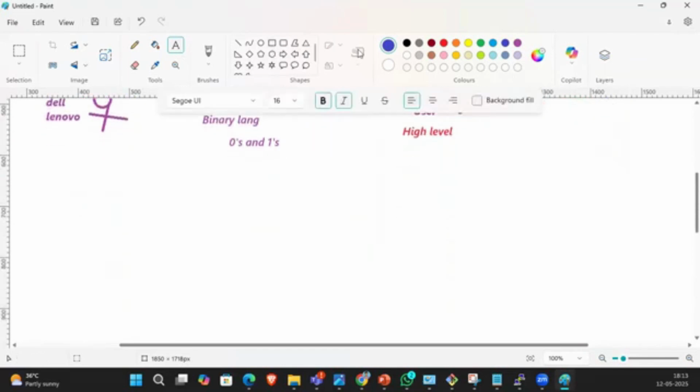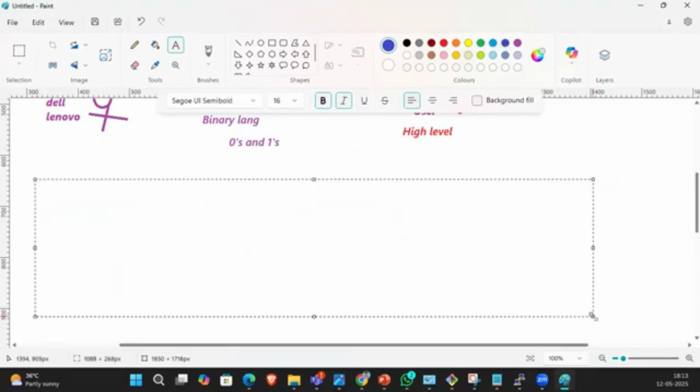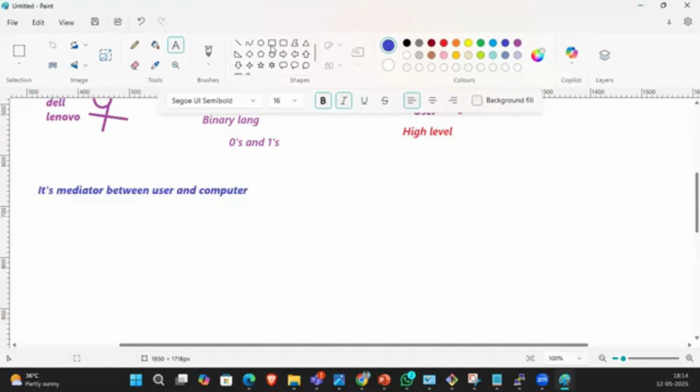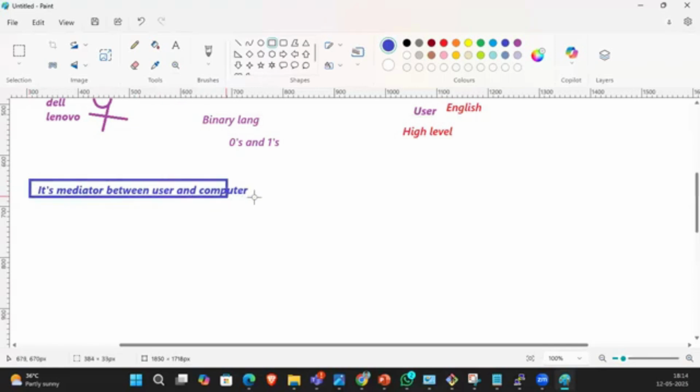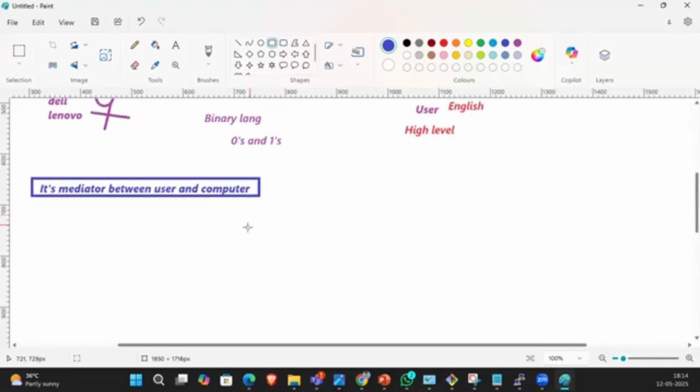In simple meaning, it's a mediator between user and computer. This is nothing but an operating system.